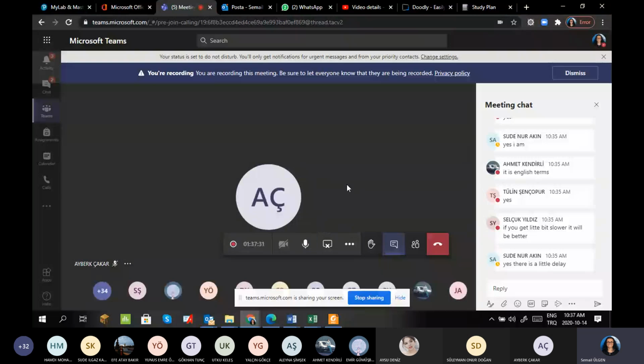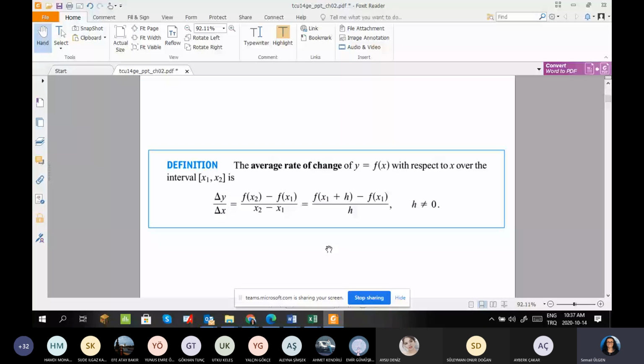Okay, so I'm back with you. Here we talk about the average rate of change. Now, is this a new definition? Not at all, okay? What we had talked about, average speed, comes from real life, real experience.